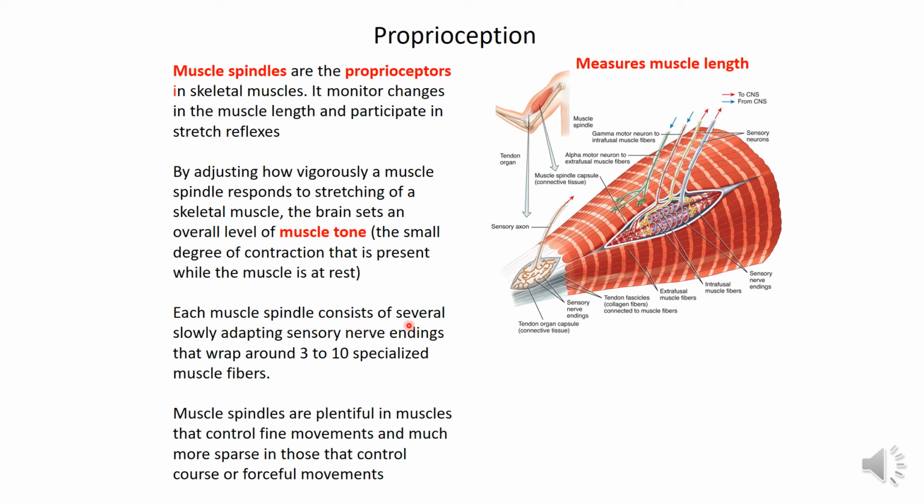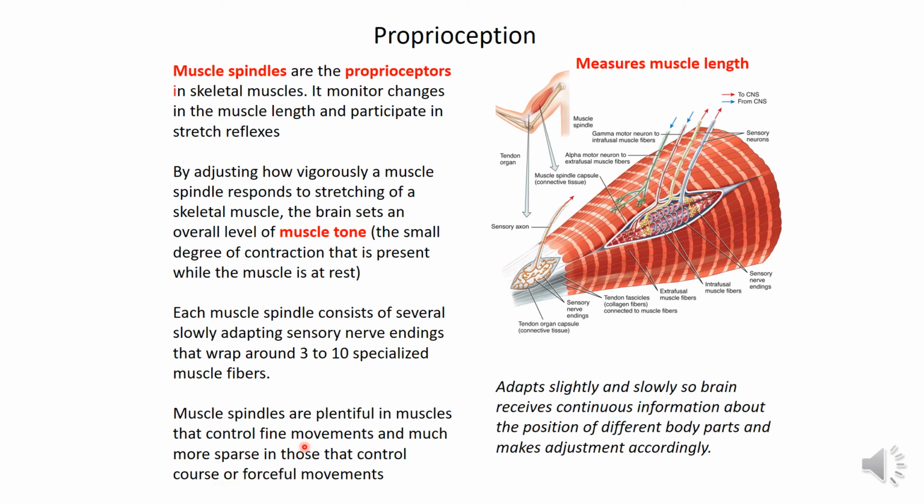Each muscle spindle consists of several slowly adapting sensory nerve endings that wrap around 3 to 10 specialized muscle fibers. Muscle spindles are plentiful in muscles that control fine movement and much more sparse in those that control coarse or forceful movements. They adapt slightly and slowly, so the brain receives continuous information about the position of different body parts and makes adjustments accordingly.